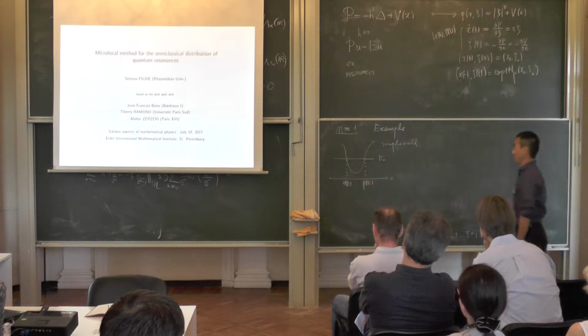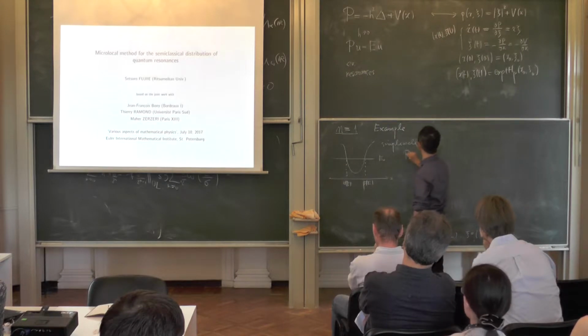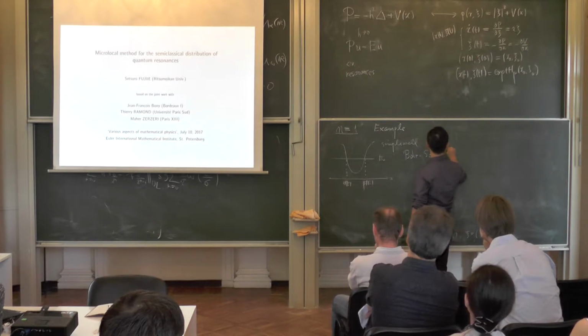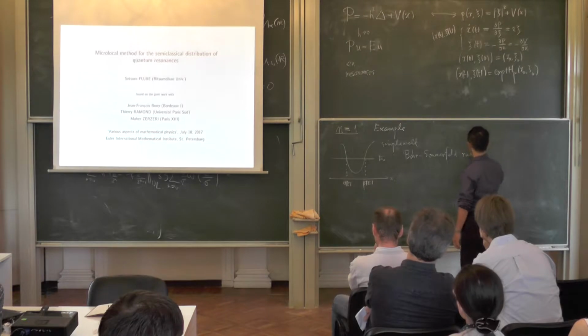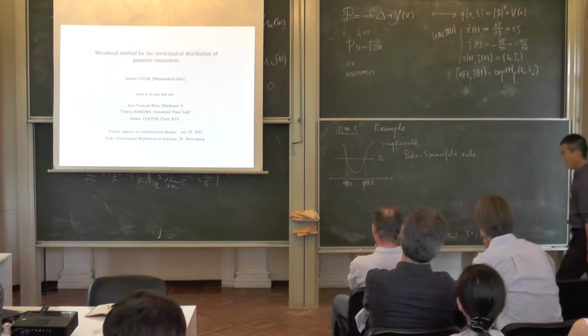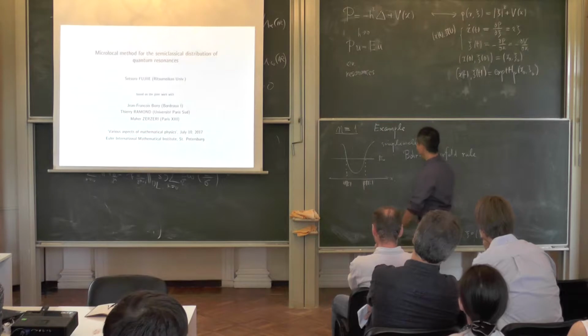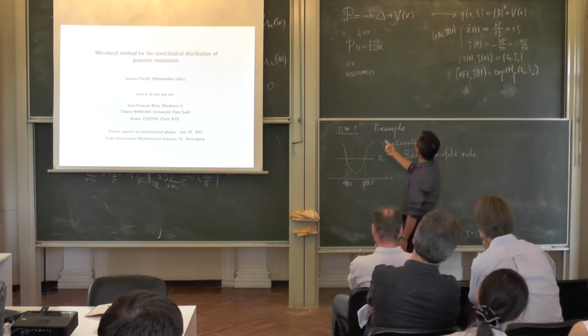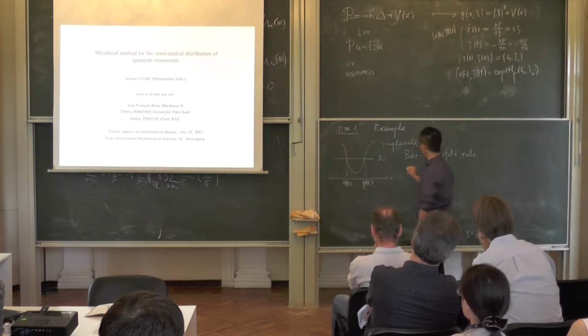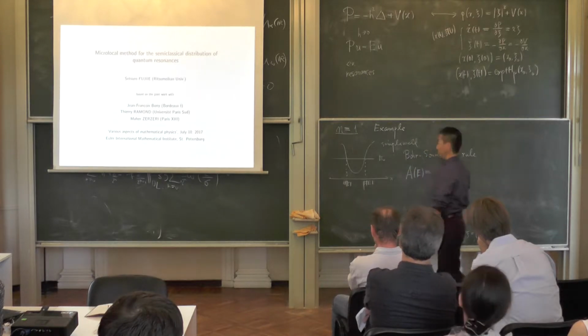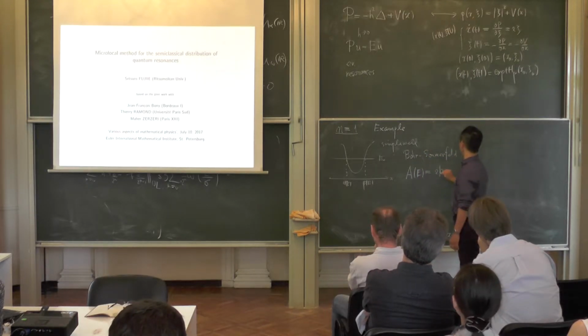In such a case, it is known that the Bohr-Sommerfeld quantization condition, so I write it as a rule, says that if energy E is an eigenvalue, then it should satisfy the equation A(E) equal to (2k plus 1) pi h.